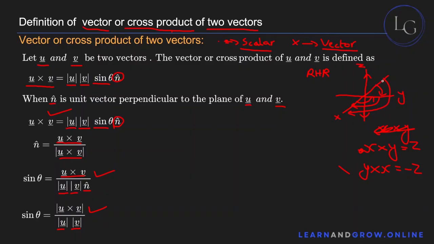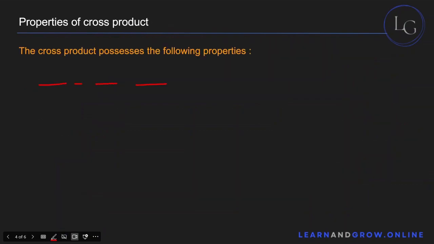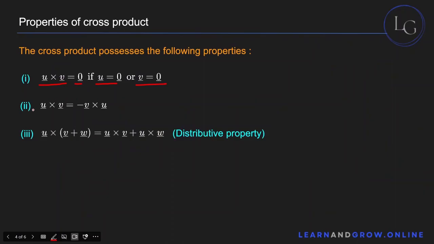The clockwise direction if you look from above. So negative x cross y is equal to y cross x, which is equal to negative z, and that is what this property is. u cross v is equal to negative v cross u.